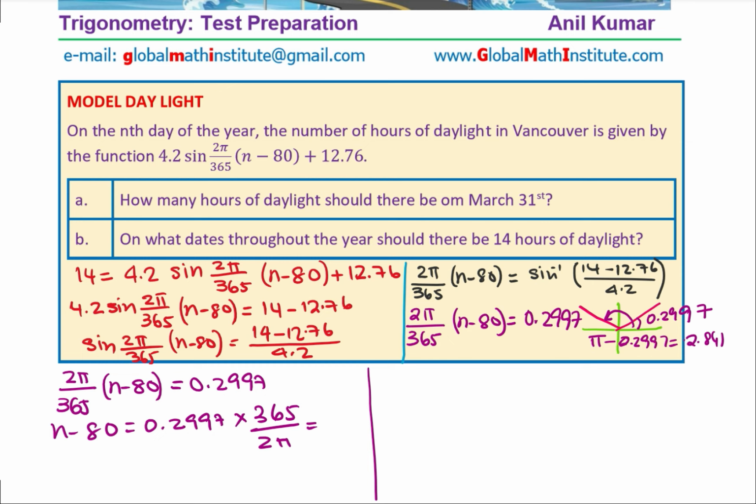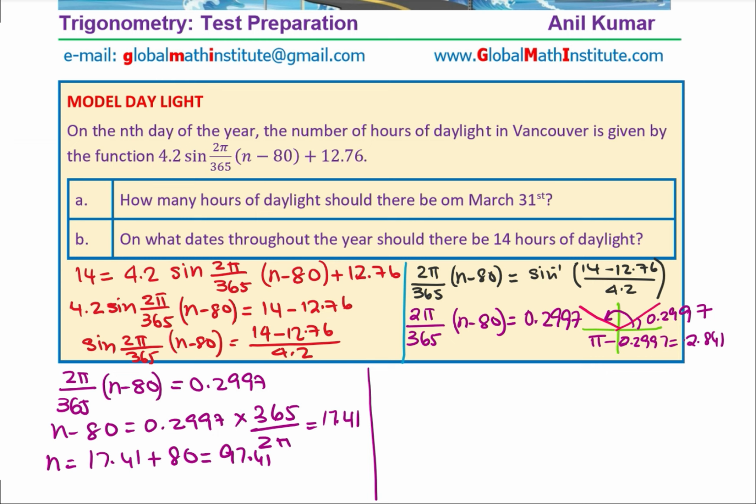How much do we get? We get 17.41. So n is equal to 17.41 plus 80. That gives me 97.41. Do you see that? So we get 97.41 days.